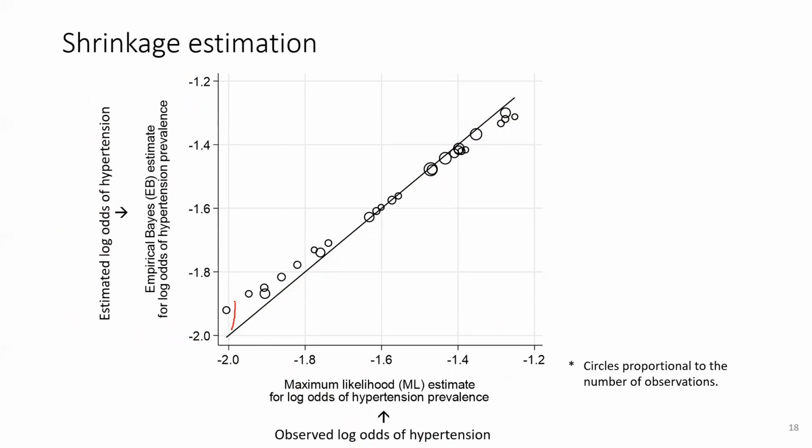Meaning these estimations moved up, and these estimations moved down. So there was a certain shrinkage, although it was not that big. And as you can see, by the way, the circles are proportional to the number of observations. And when the sample size is bigger, for example, this one, the level of shrinkage is smaller because there is more sample size.